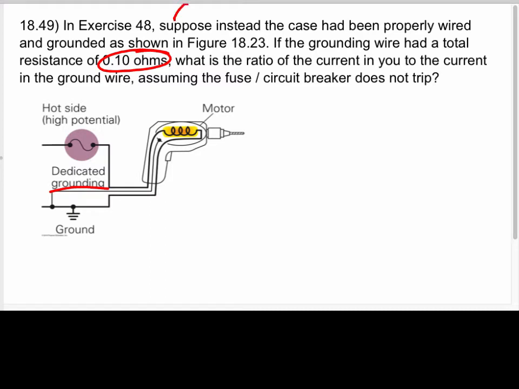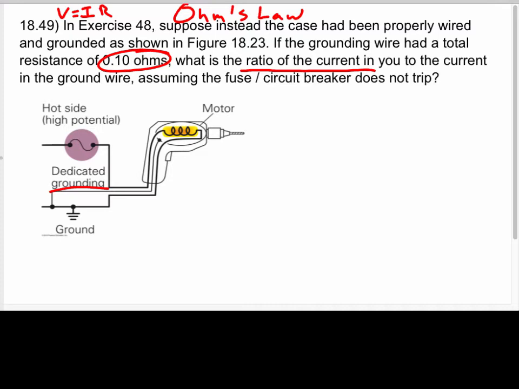So to solve this problem, we're going to use Ohm's law. We know that V is equal to IR. We're asked to figure out what is the ratio of the current in you to the current in the ground wire.